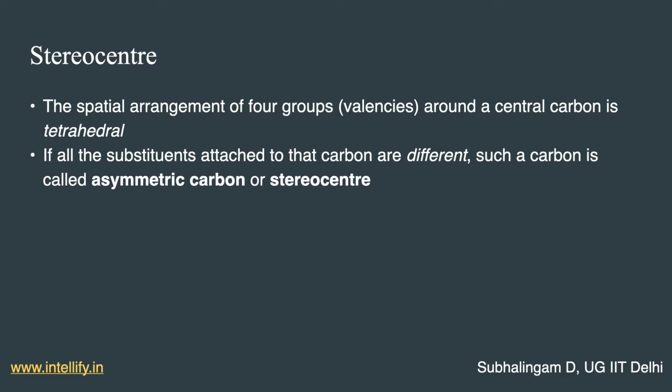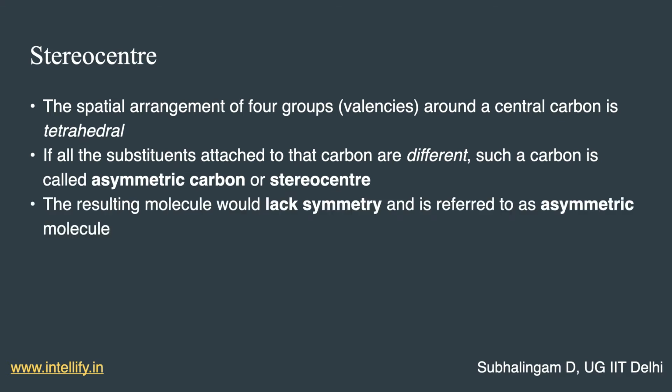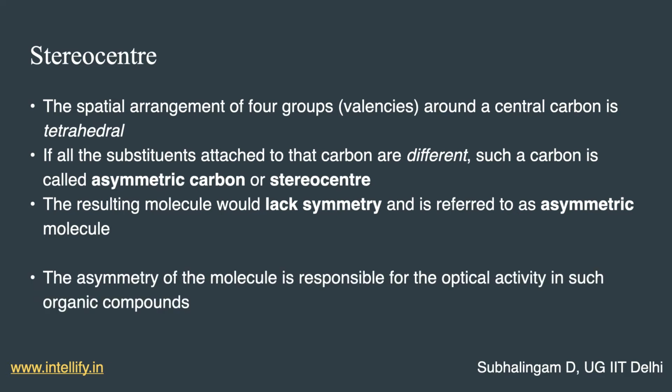So if we have a carbon which has four different groups around itself, that carbon is called a stereocenter or asymmetric carbon, because all four groups are different. Obviously the resulting molecule would lack symmetry and is referred to as an asymmetric molecule. The asymmetry of the molecule is actually responsible for the optical activity in such organic compounds.